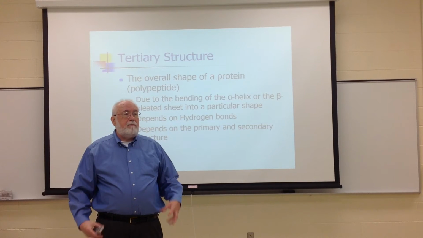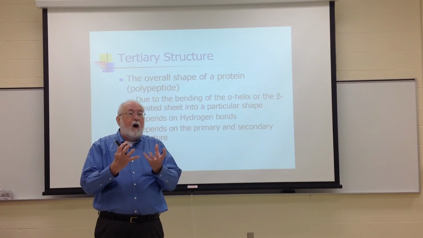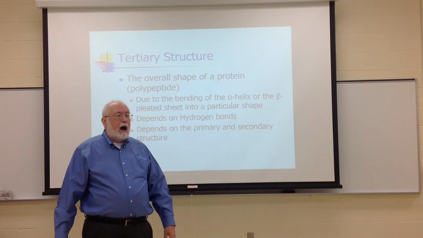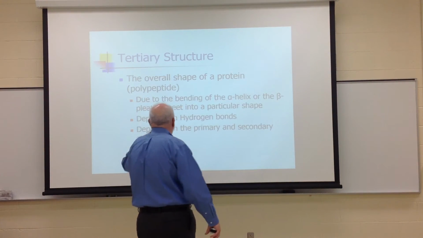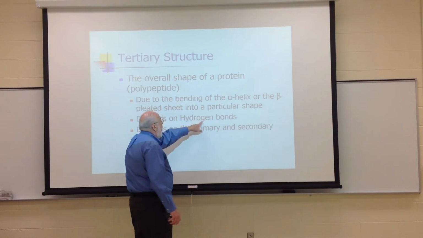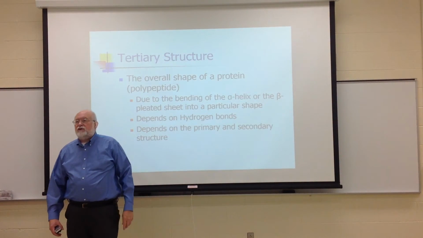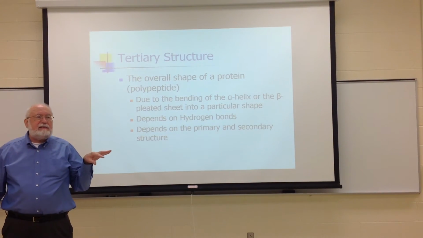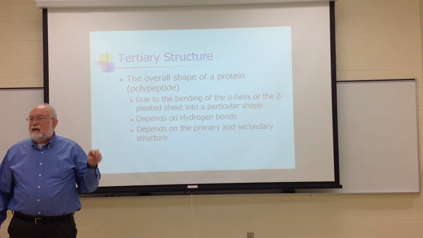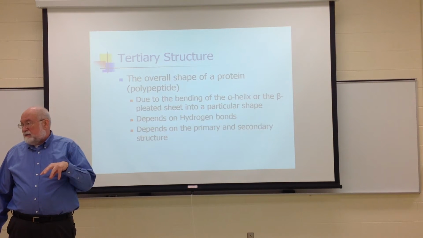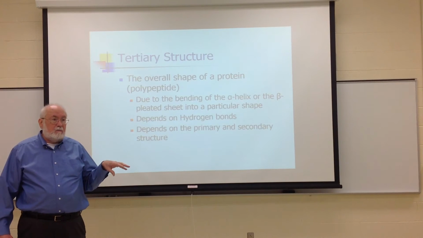That shape might be like a sphere, like a ball. What forms it and holds it? Once again, hydrogen bonds are responsible. And in order to get the hydrogen bonds in the right place, you've got to have a particular amino acid sequence.